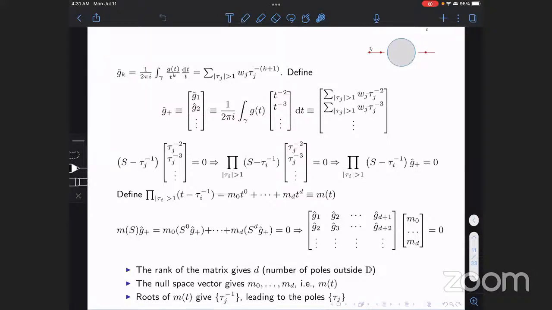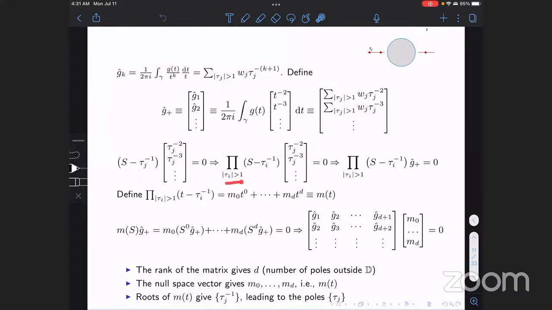Using the observation we made at the beginning of the talk, when we apply the upward shift operator to this vector, it is just equal to the vector multiplied by tau j to the power minus 1. Therefore, the shift operator minus tau j to the minus 1 applied to this vector is going to be equal to 0.